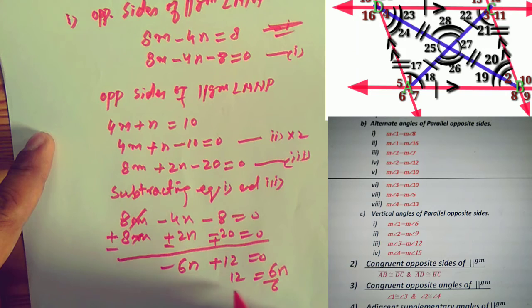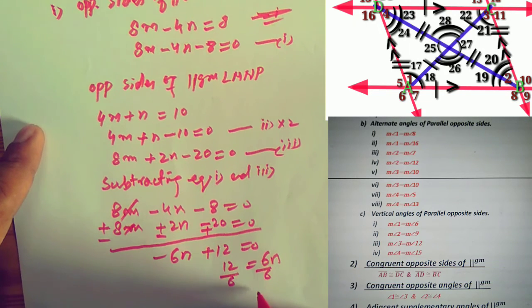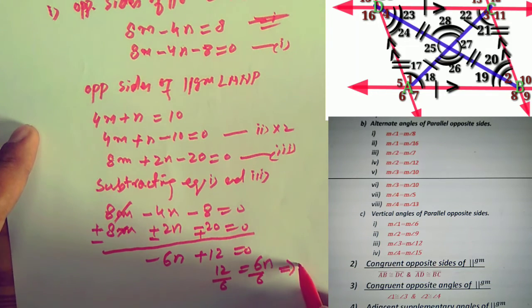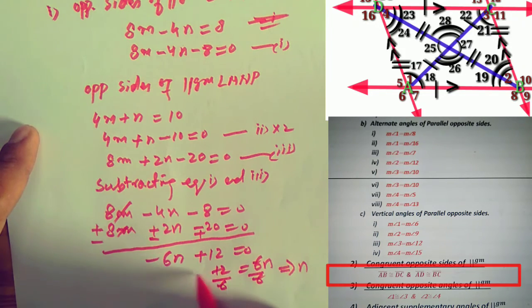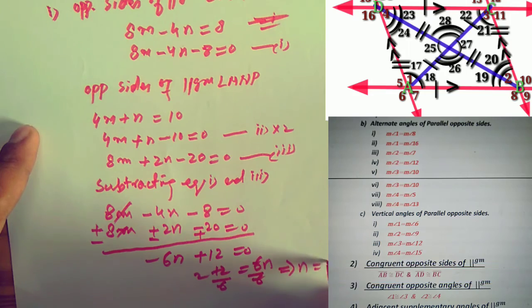Dividing both sides by 6, the value of n will be equal to 2.